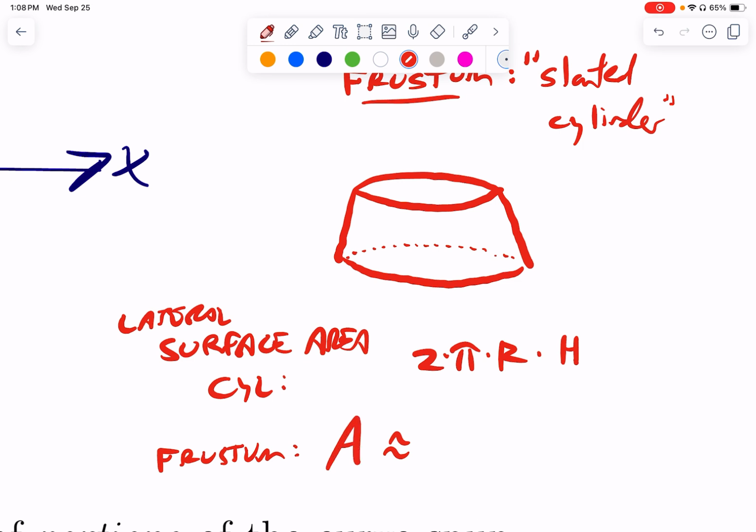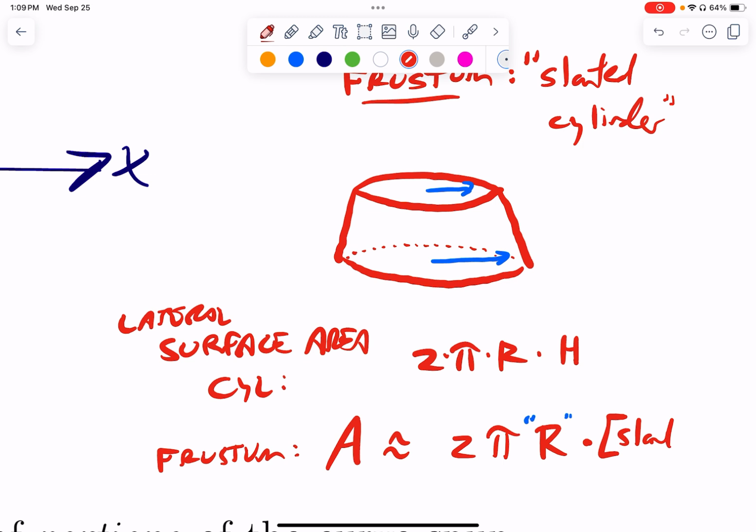For a frustum, the area we think should be 2 pi times the radius. And it's a little bit tricky here because there's a different radius at the bottom than at the top. Right, so I'm going to put that in quotes, like some radius, something measuring the radius, although it's a little bit complicated. And then we're going to multiply that by essentially the slant height.